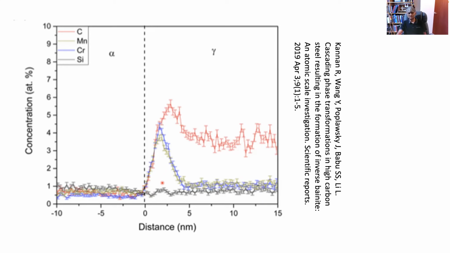You need someone like Baptiste to go into great depth to see how we can look at these profiles very, very carefully and with detailed interpretation at interfaces between austenite and ferrite. So there are no atom probe data that I know of.